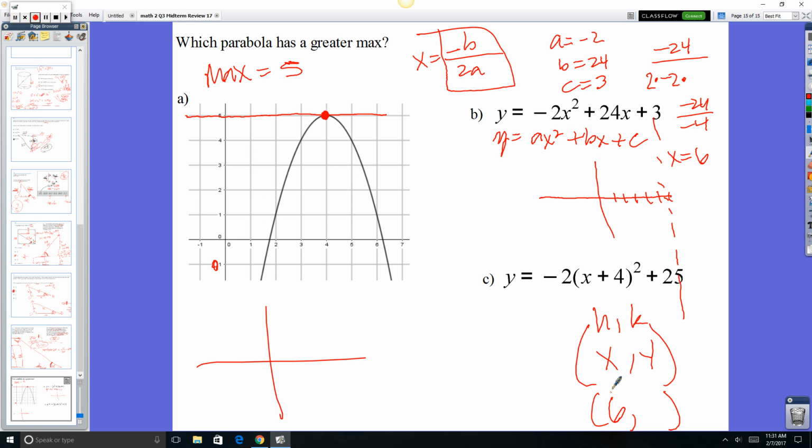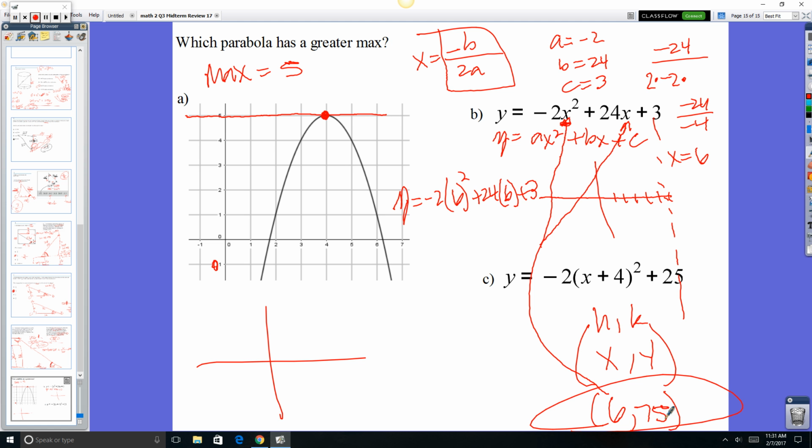Now the only way to find the y is to take 6 and plug it in place of that x, and that will give you the y if you do the math. So y equals negative 2 times the 6 squared plus 24 times the 6 plus 3. And then if you just punch that in on your calculator and hit enter, it gives you a 75.